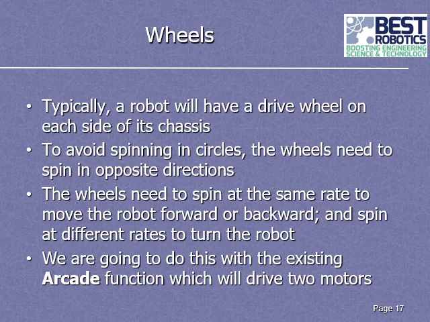And because the wheels need to turn in the same direction, even though the motors are pointed in different directions, one motor technically has to move opposite the other wheel. Rather than having to worry about all that, we have a pre-designed function in our library called the arcade function, which is going to take care of all of that, and it's just going to require you to put a couple different pieces of data into a pop-up.